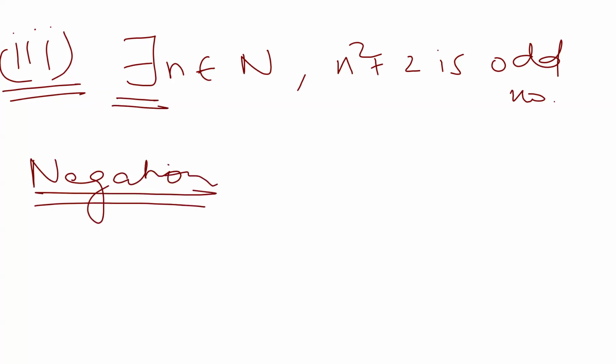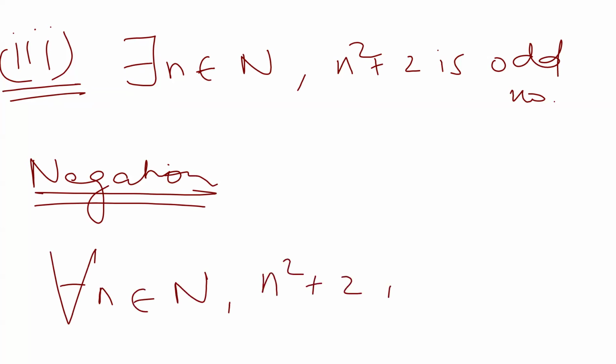There exists changes to for all n belongs to N, n square plus 2 is not odd. N square plus 2 is not an odd number. Fine.